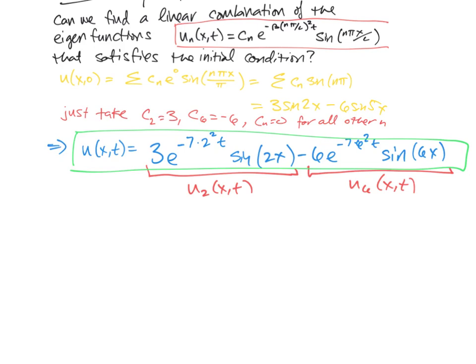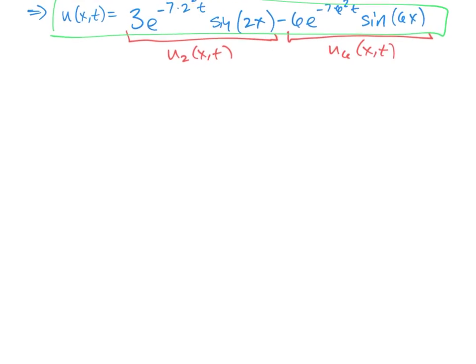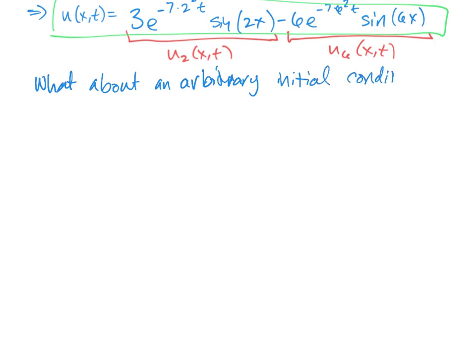Now, you might think, well, that's a really conveniently easy initial condition that we had, that it had the exact form of our u_n functions. So we might want to ask, what about an arbitrary initial condition f of x?